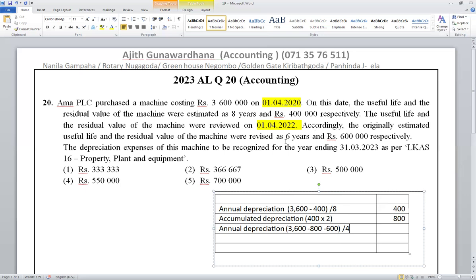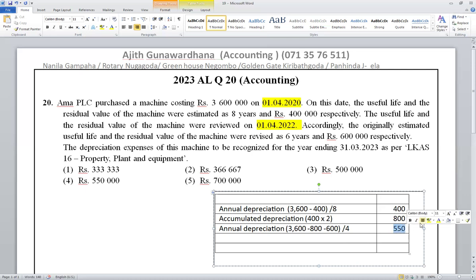This is a very important point. Remaining lifetime is 6 minus 2, so only 4. Then annual depreciation can be calculated as 550.